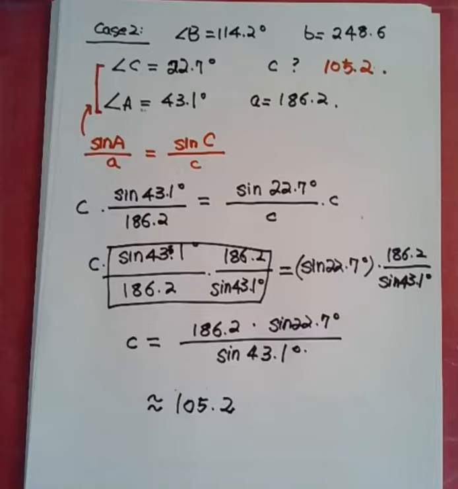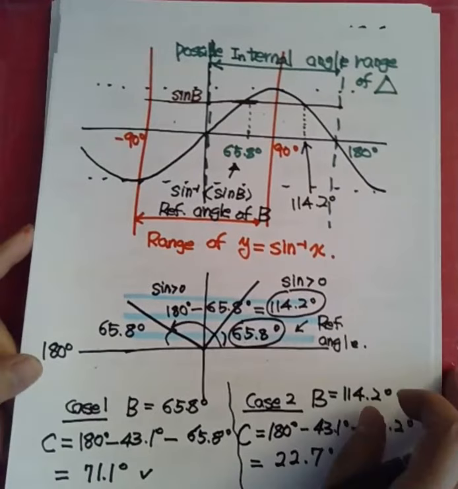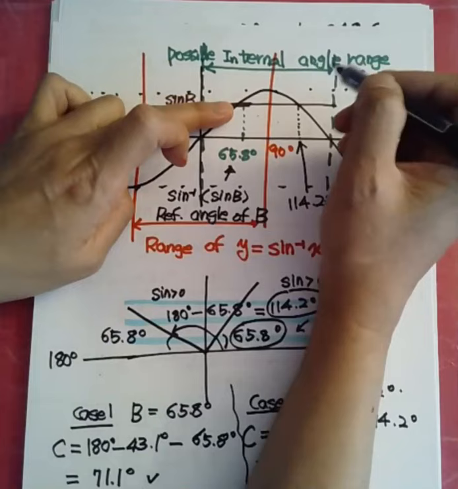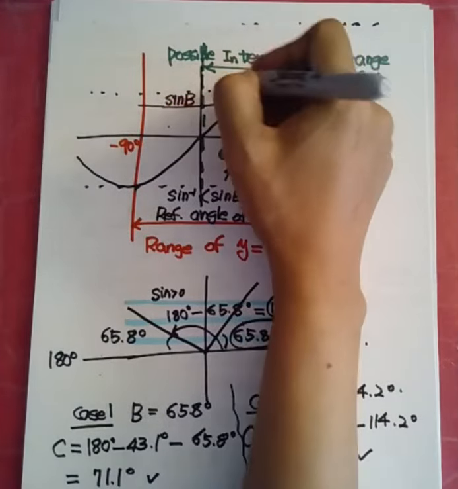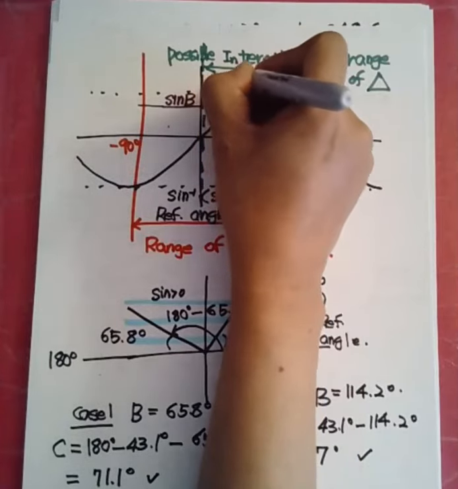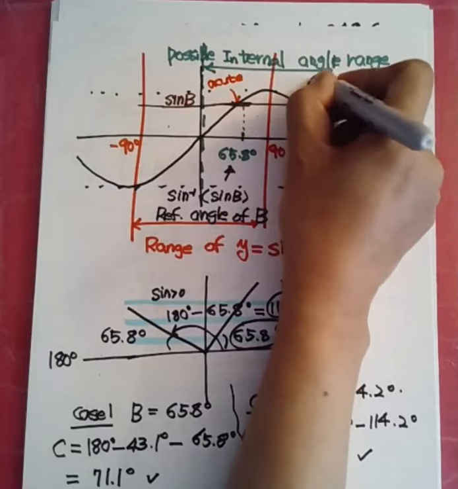What we wanna mention is this. When you think about the two possibilities, one angle is an acute angle and the other angle is an obtuse angle.